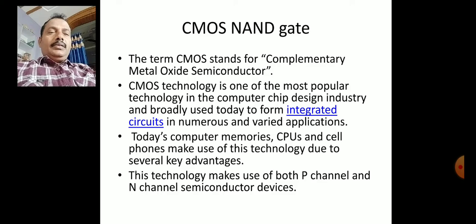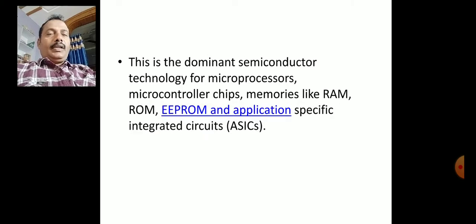In this CMOS technology, there are two types of transistors available: P channel MOS transistor and N channel MOS transistor. This is the dominant semiconductor technology for microprocessors, microcontroller chips, memories like RAM, ROM, EEPROM, and application specific integrated circuits.